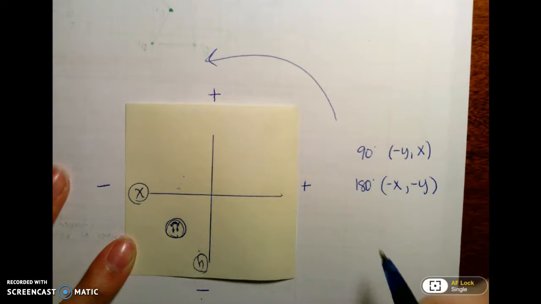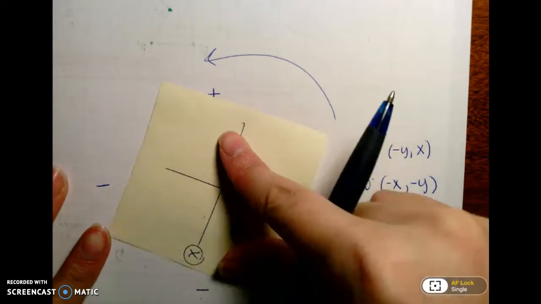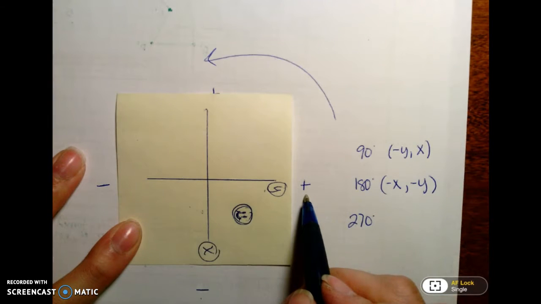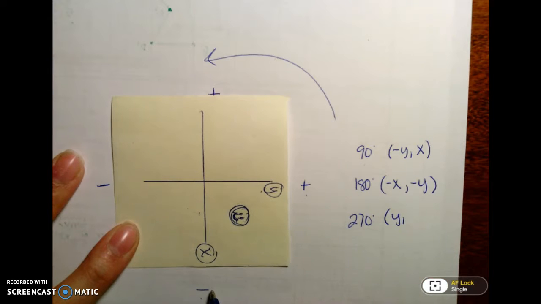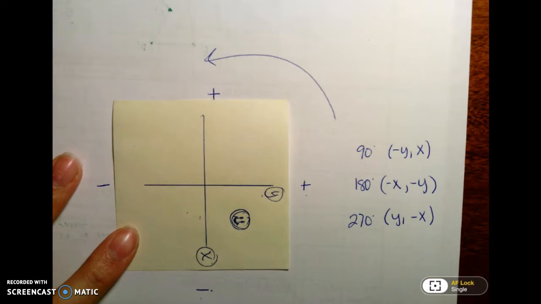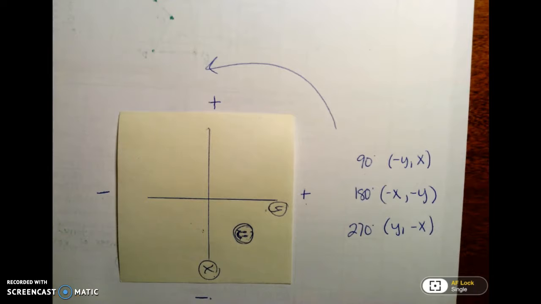Okay, and then for 270, we rotate, and we are at positive Y and negative X. And there is how you can get your rules without thinking too hard. You can draw your little picture and rotate it.